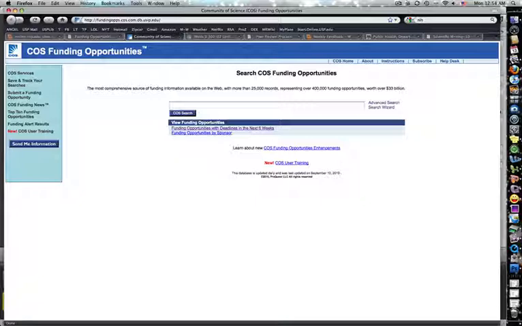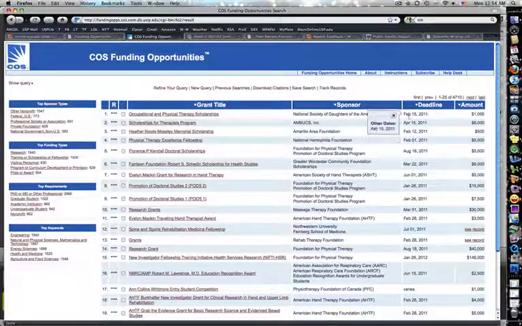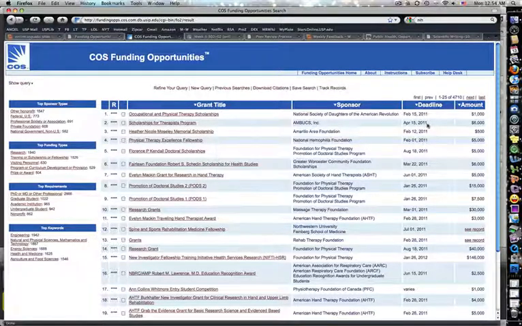If I search for physical therapy opportunities here, these are the opportunities that appear, and some of them are scholarships that you may actually qualify for. The deadlines are coming up in February, etc. for next year. So you have some time to actually apply for some of those.